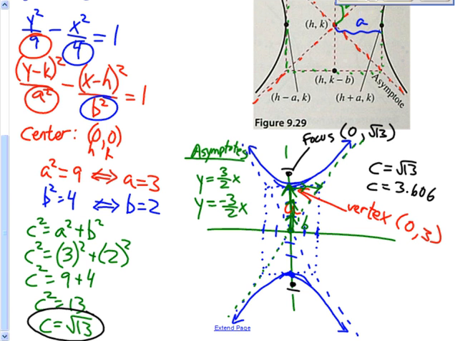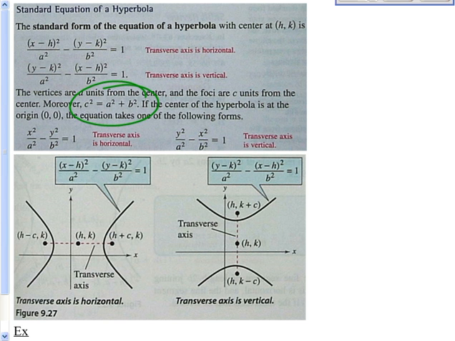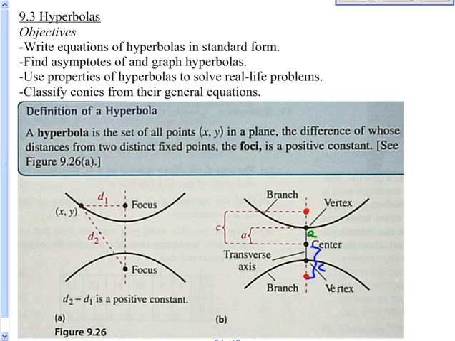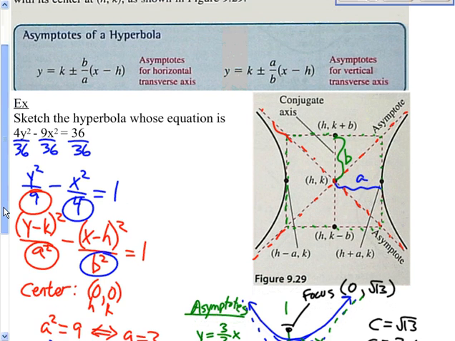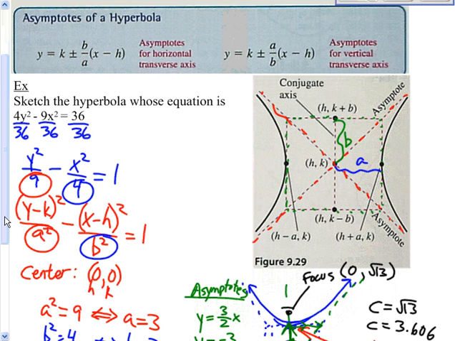So if you go back to this right here, it actually tells you the equation of your slant asymptotes. Let's see, where's it at? Maybe it's up here. Oh, I'm sorry, it's on the same page right here. For a vertical transverse axis, there we go.